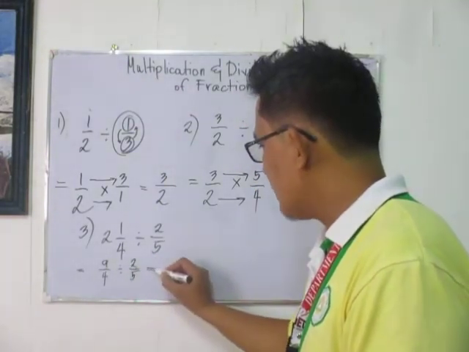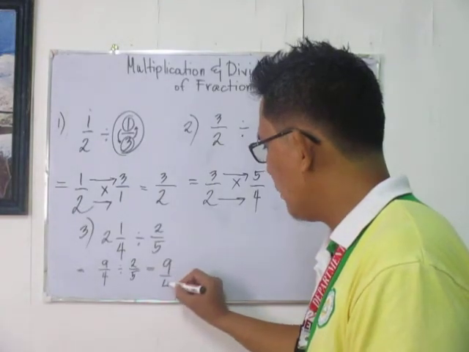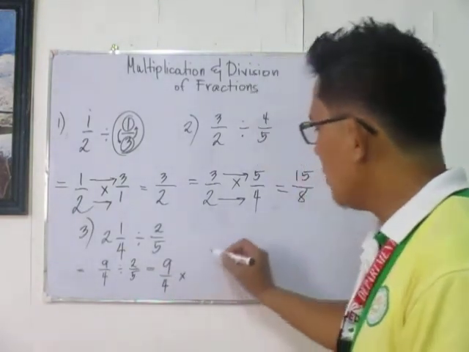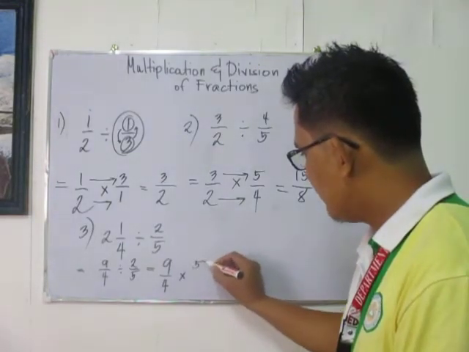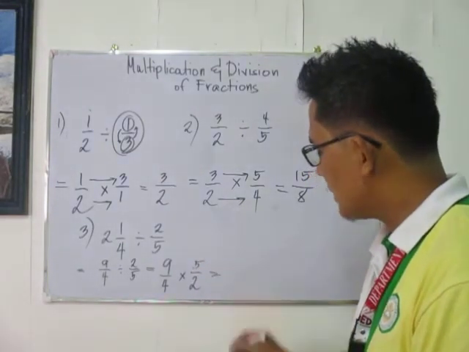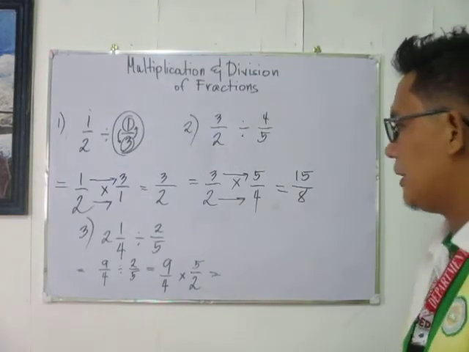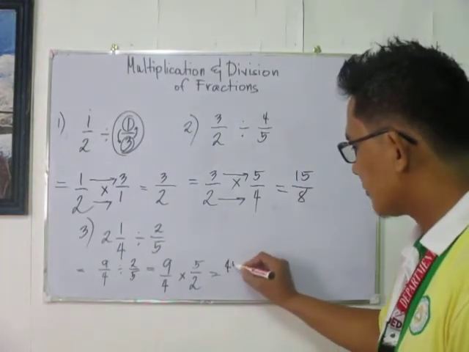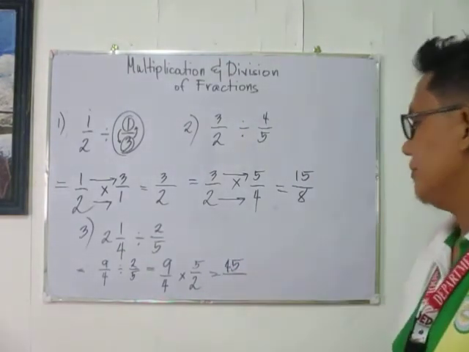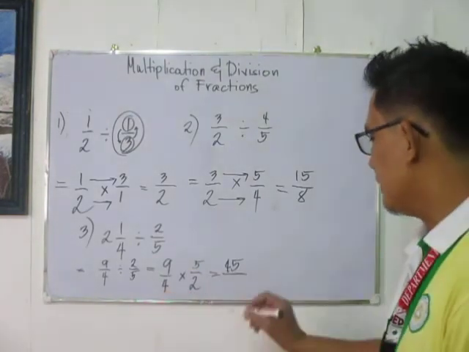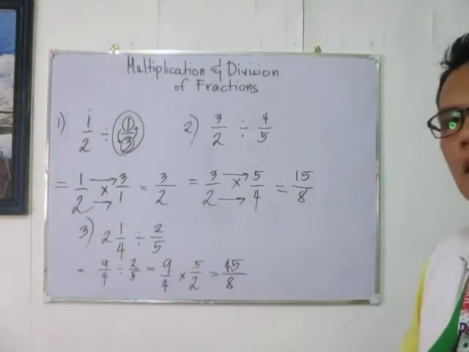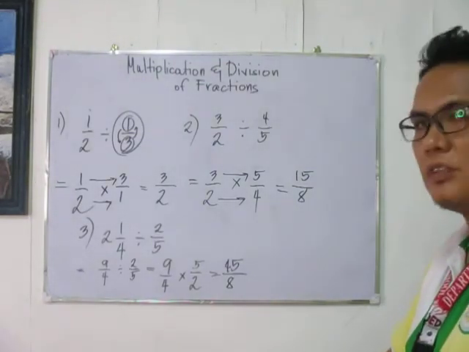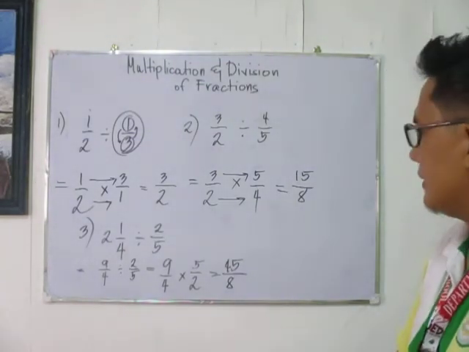Then this becomes 9 over 4 times, now, the reciprocal of 2 over 5, which is 5 over 2 or 5 halves. Then multiply numerators and denominators. 9 times 5 is 45, and 4 times 2 is 8. So therefore, our quotient is 45 over 8.